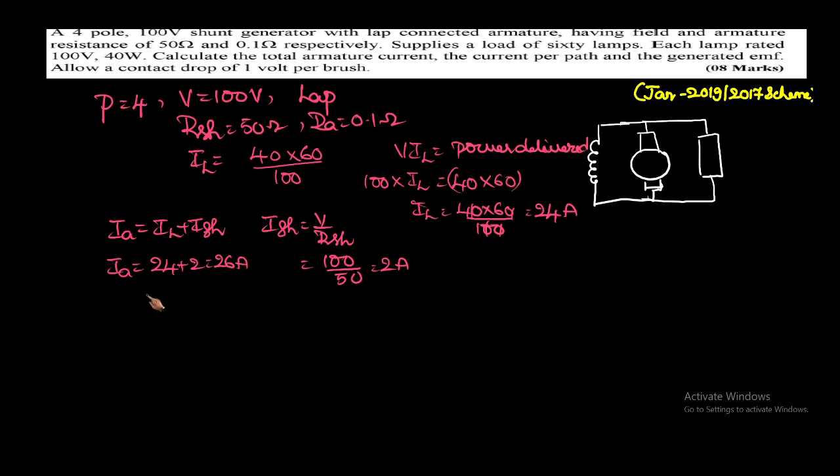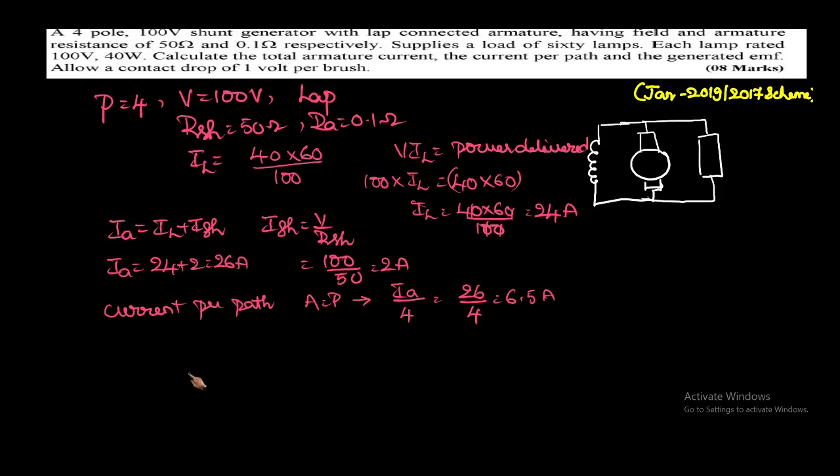Next, another question is asking the current per path, the current for each parallel path. Here, lap winding, you know A is equal to P. So IA divided by P, which is 4, that is 26 divided by 4. What is the answer you are going to get? That is 6.5 amperes.